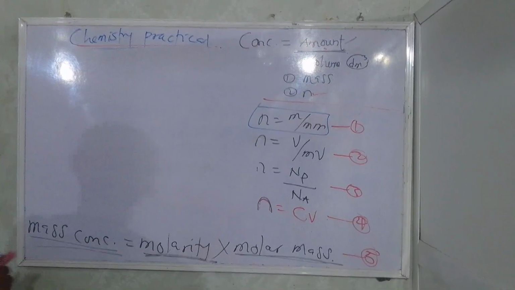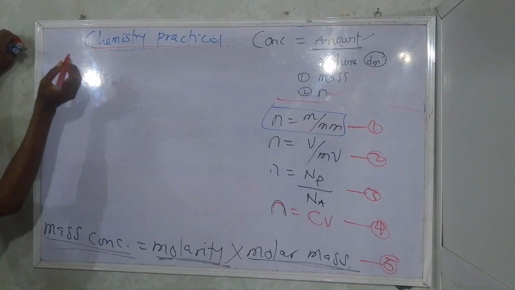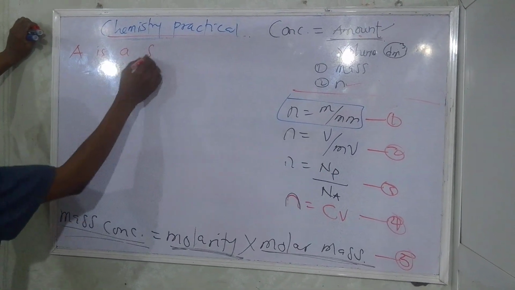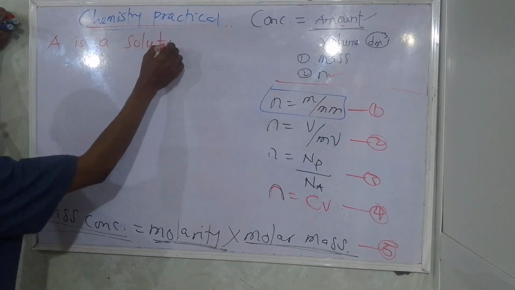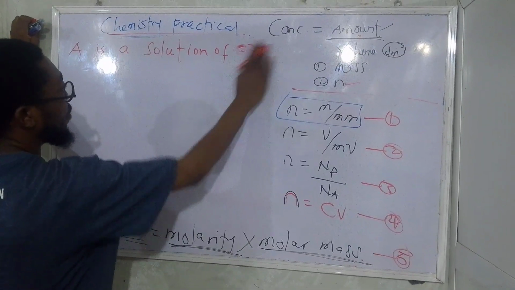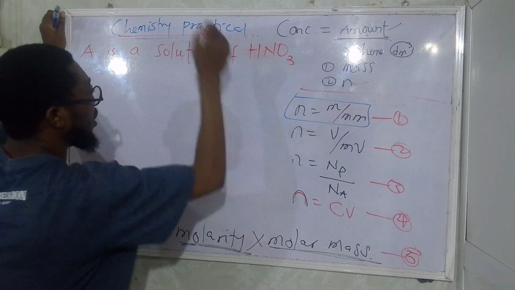Question 1. A is a solution of trioxonitrate(V) acid, that's HNO3.